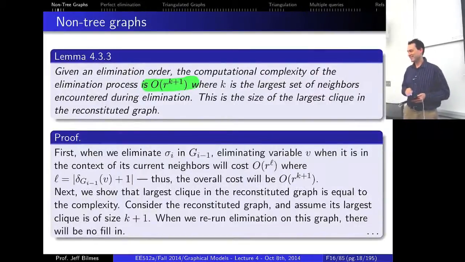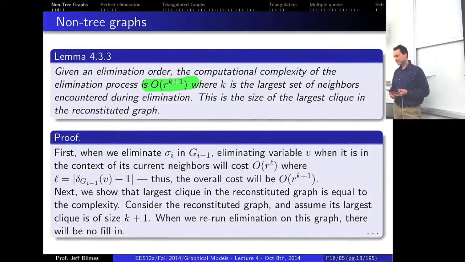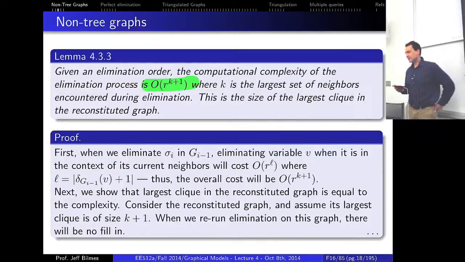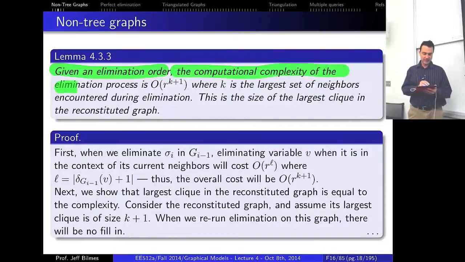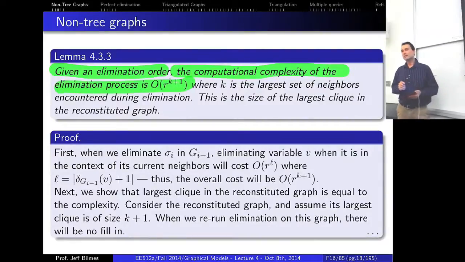So, okay, here's the next lemma. Basically what it's saying is that given an elimination order, so we've got some ordering of the variables, the computational complexity of the elimination process is order r to the k plus 1. So remember, all random variables take on r values for simplicity. And you're right, we're not talking about n right now.